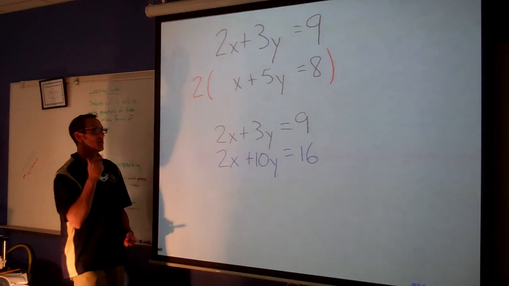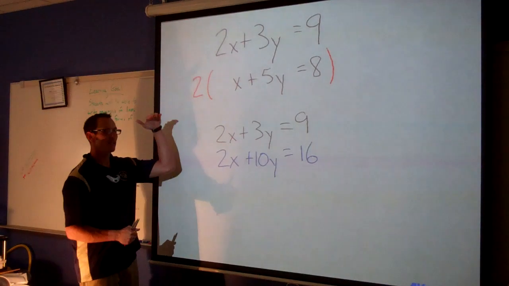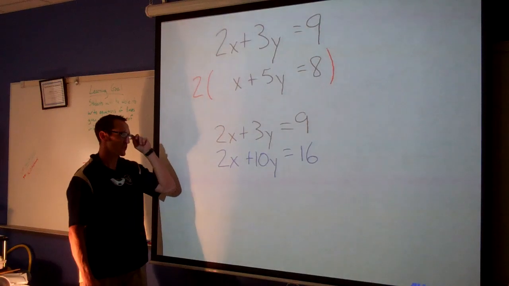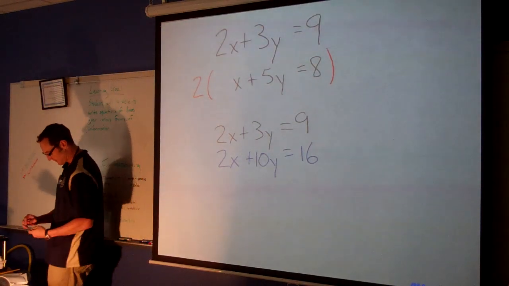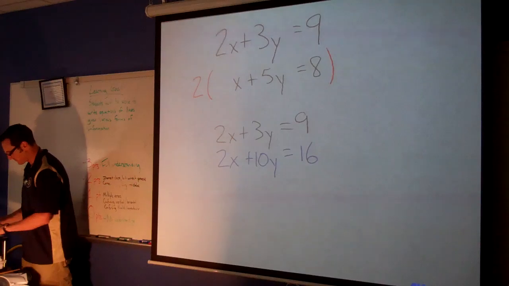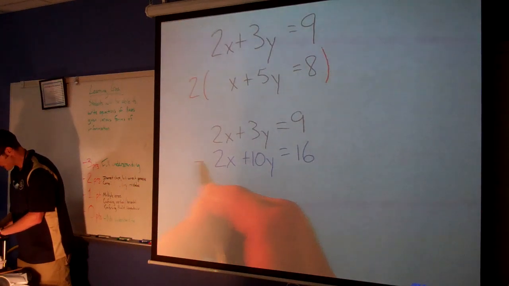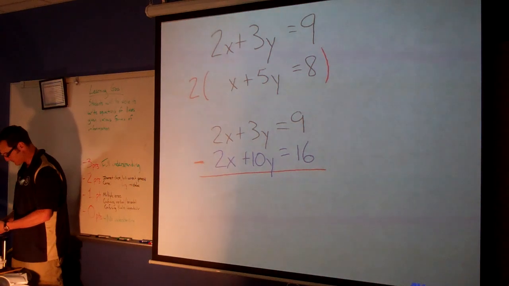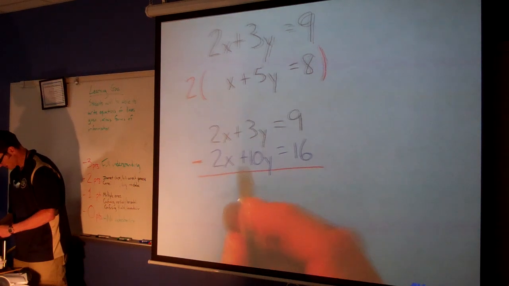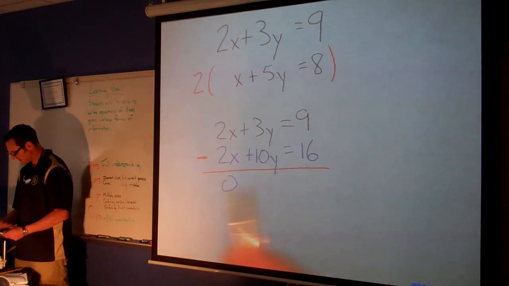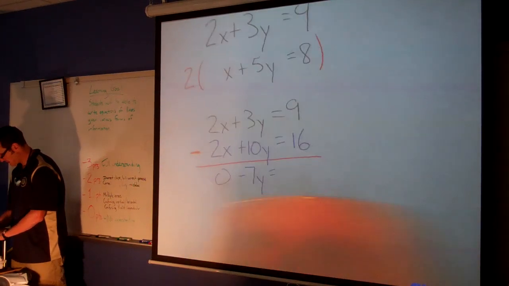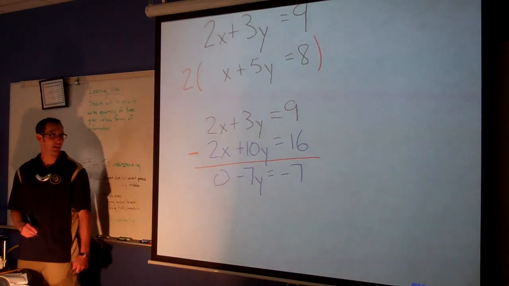And now I am in a position where I can cancel these two equations, or I can subtract these two equations and cancel my x. Let's see how fast that works. I'm going to subtract these two equations, and my x cancels completely. 3 minus 10 is negative 7. 9 minus 16 is also negative 7.